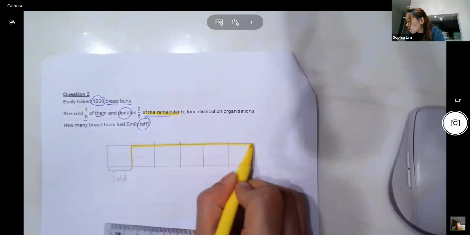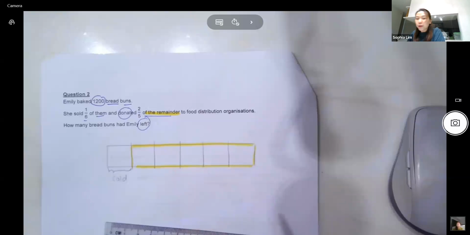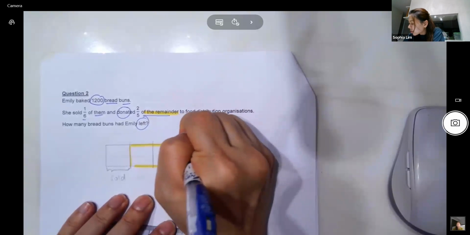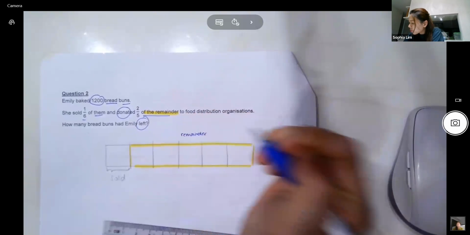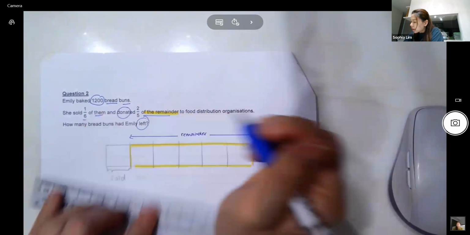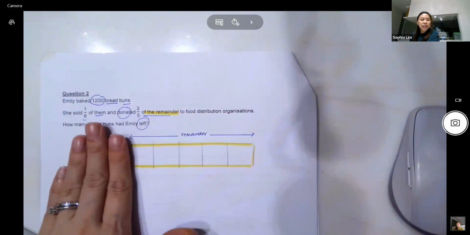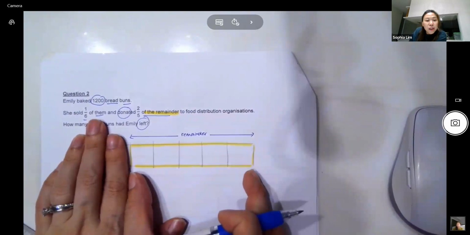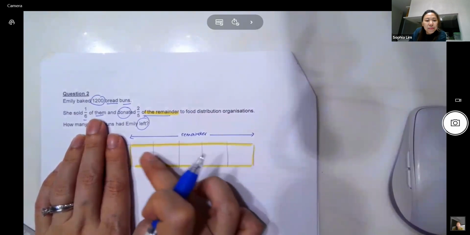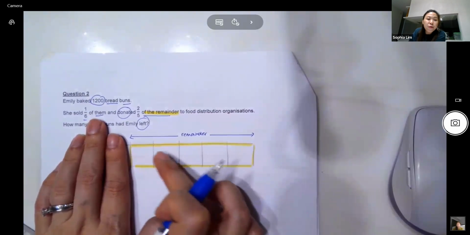You realize that I use a yellow highlighter just to let the model pop up to show you that this is the remainder. Now, I'm going to use my hand to cover because I want you to focus on the remainder. Remainder, there are 5 parts here, or I can name it as 5 units.